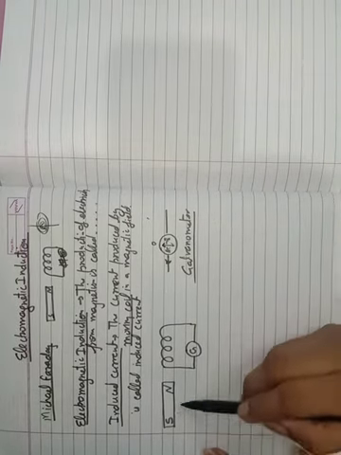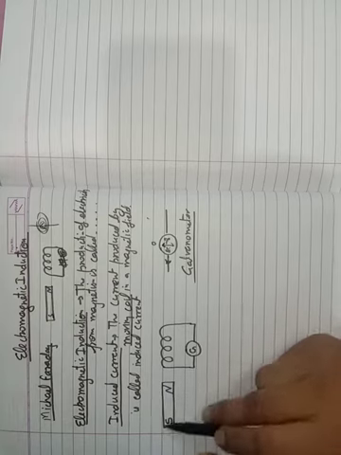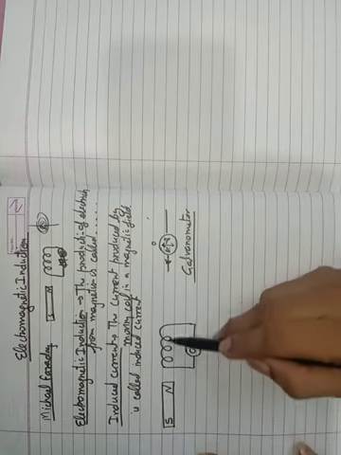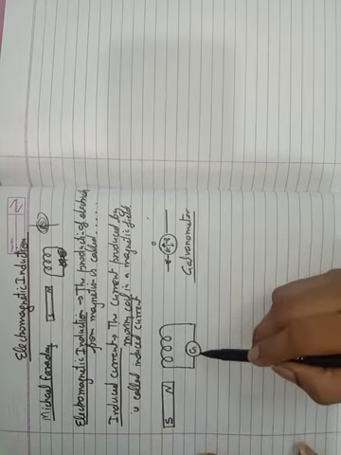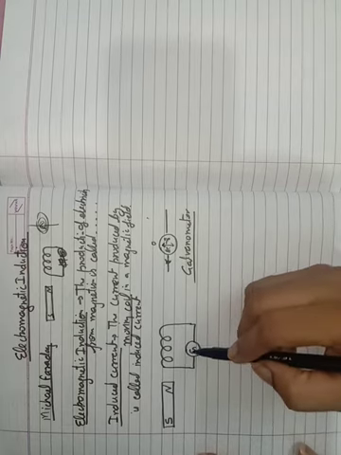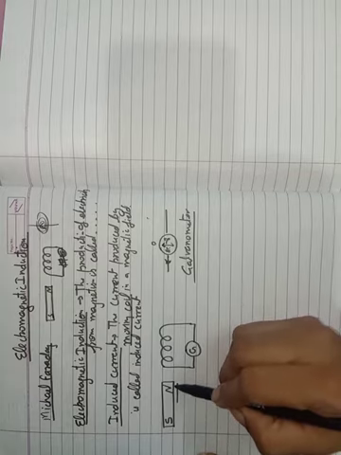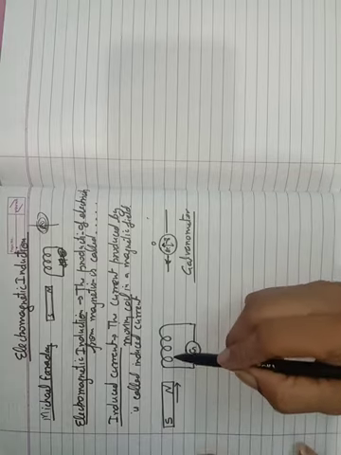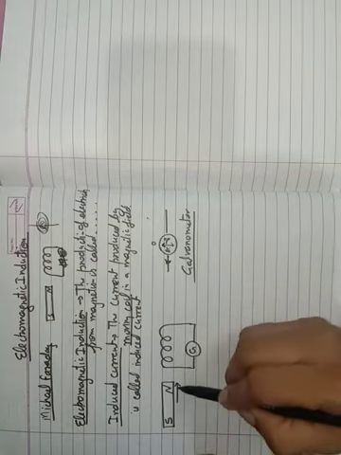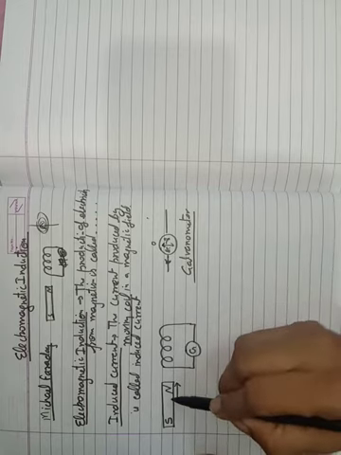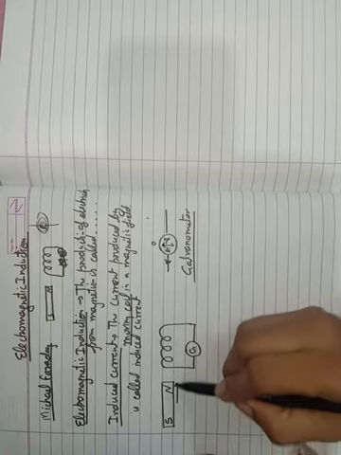Okay, so Faraday used a strong magnet. He used a coil, and this coil is connected with the galvanometer. Now he brings this magnet near to the coil. Suppose he brings the north pole of the magnet near to the coil.